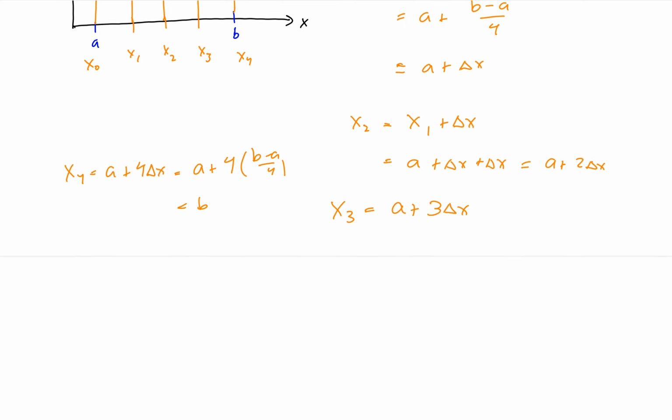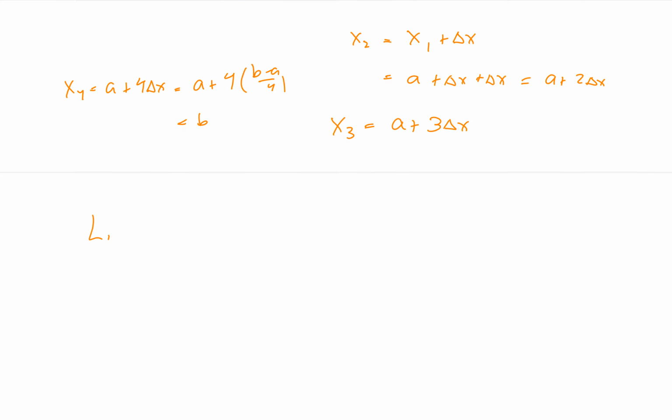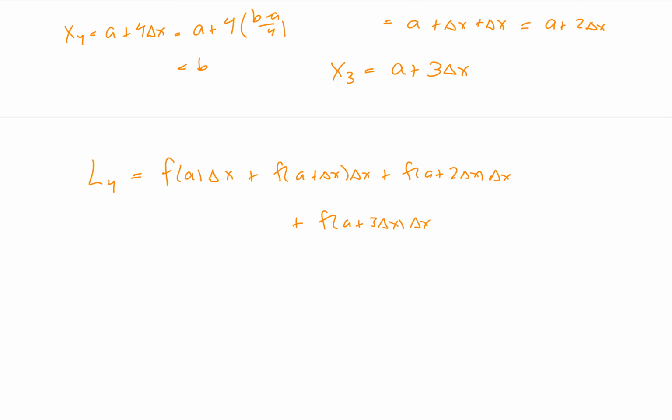So then if we want to do the left-hand sum here, so L4, this would be f of a times delta x plus f of a plus delta x, plus f of a plus 2 delta x, plus f of a plus 3 delta x. But we can also write this as f of x0 delta x plus f of x1 delta x, and so on.